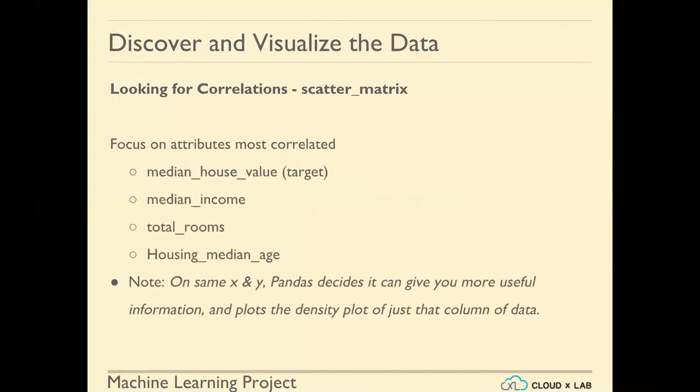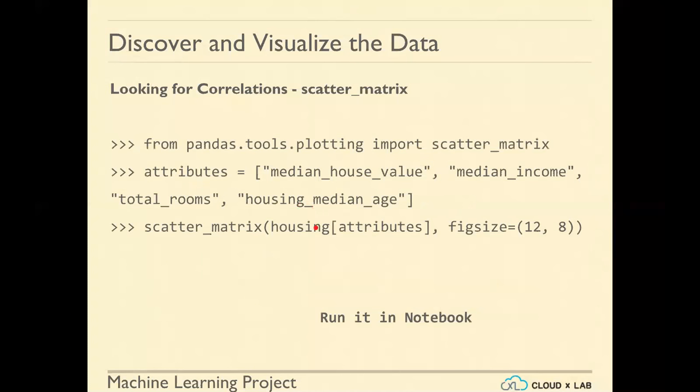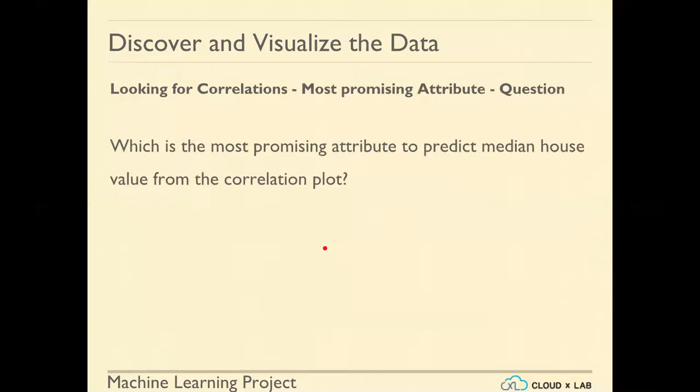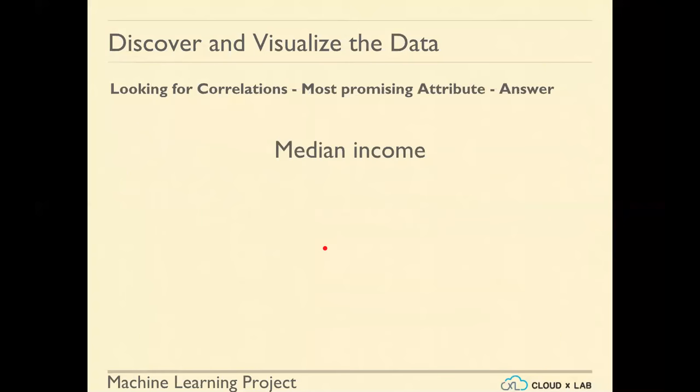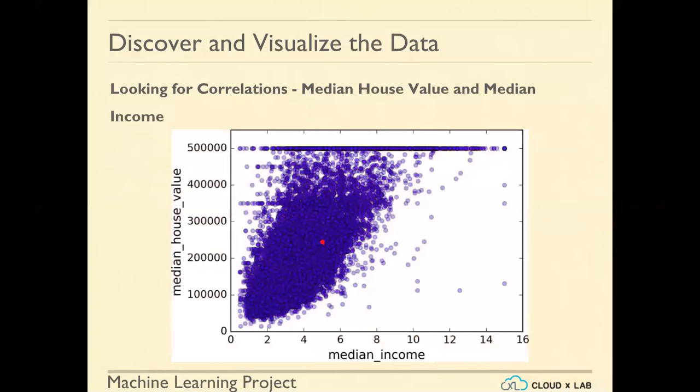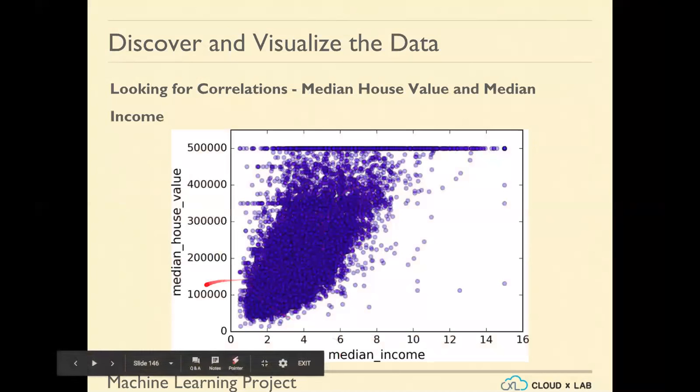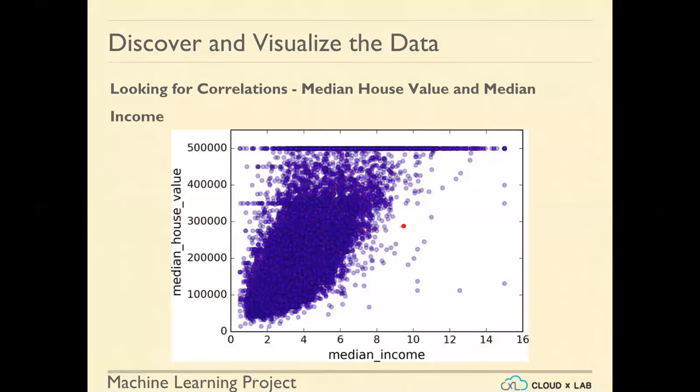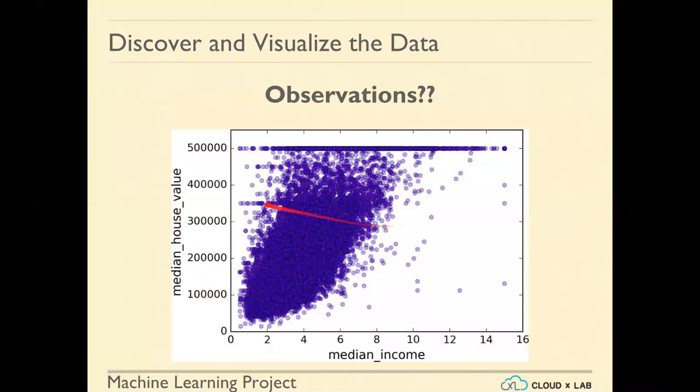Okay. So now the one which is more correlated, we pick that one and we plot it. So this is how it looks. This is median income versus median house value. You can see that it is very well correlated. And there are some quirks.